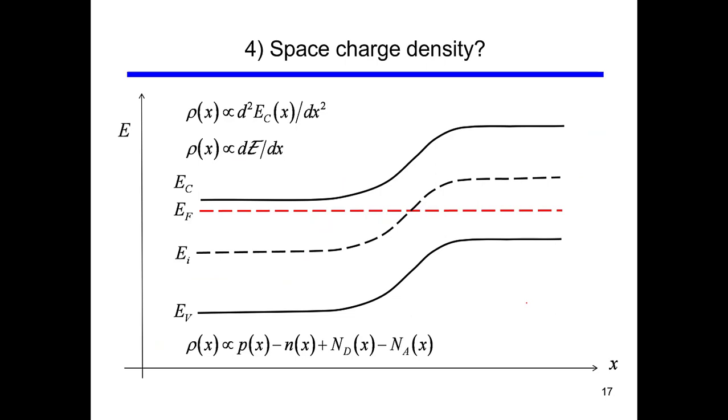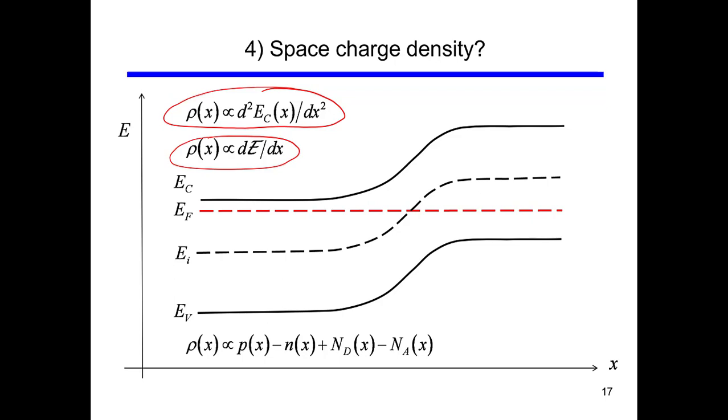And as we talked about, the space charge density is the second differential of the energy band, or the first differential of the electric field.